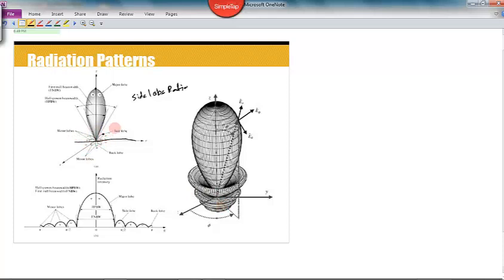So I know these look like little flowers or fingers coming out, but they're really these cones that surround the radiation. And it's hard to see in this one, but there's also this little back lobe right there. And so these two figures correspond to one another. Hopefully you can see how if you revolve this image around the z-axis, you would get this shape.